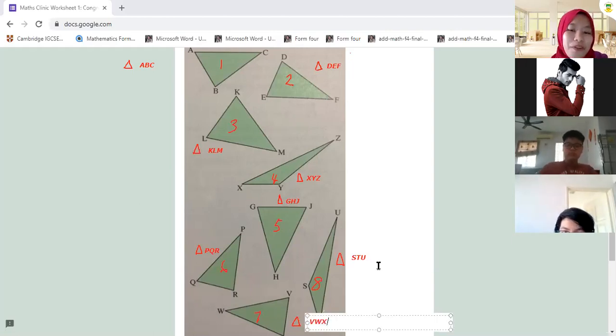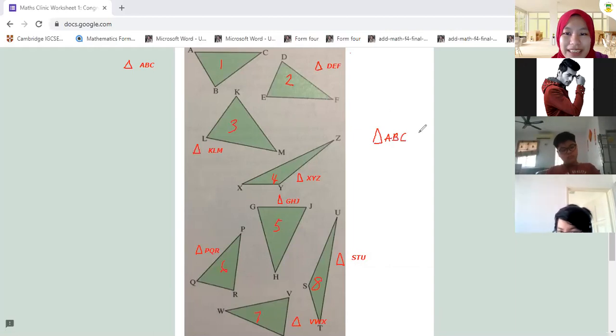So can you find for me, what are we supposed to do? Make them as a pair. Can you find their pair? Find their congruent shape. So can someone tell me what is the congruent triangle for triangle ABC? ABC is congruent to which triangle? Okay, good.